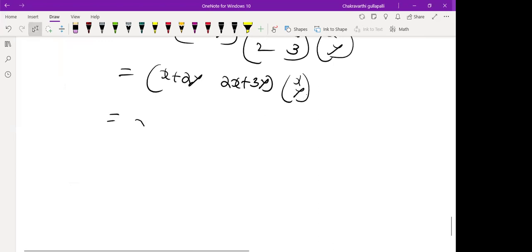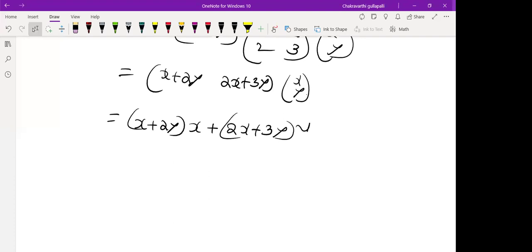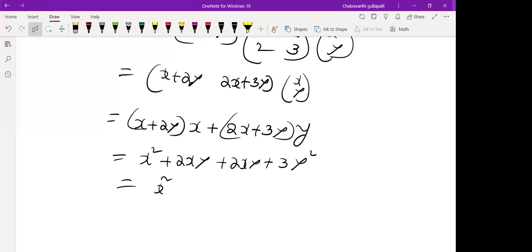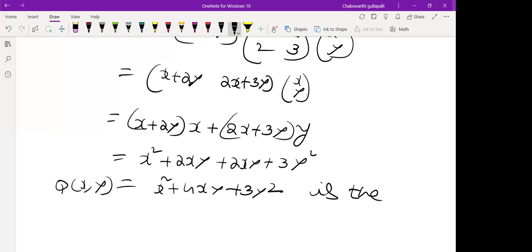This is nothing but x plus 2y into x plus 2x plus 3y into y, which is x square plus 2xy plus 2xy plus 3y square. So x square plus 4xy plus 3y square is the required quadratic form.